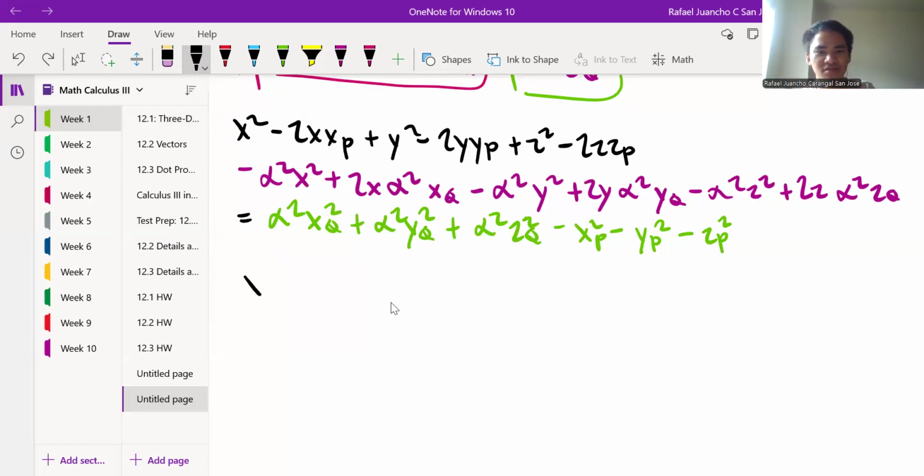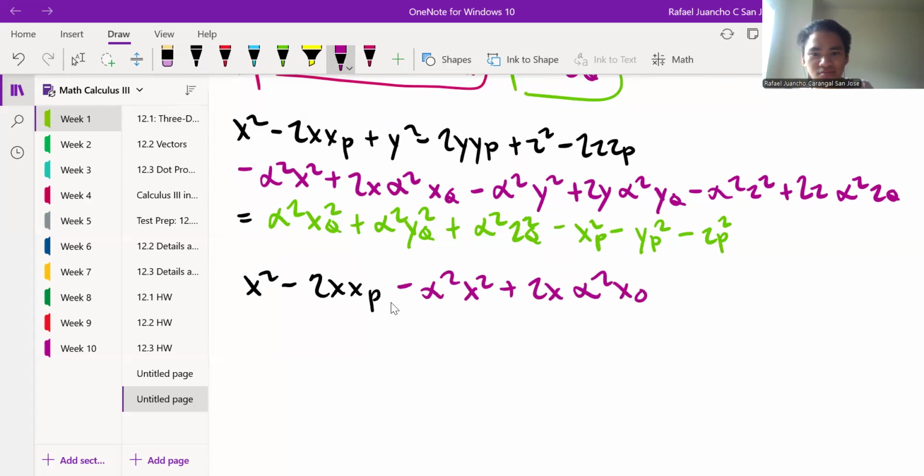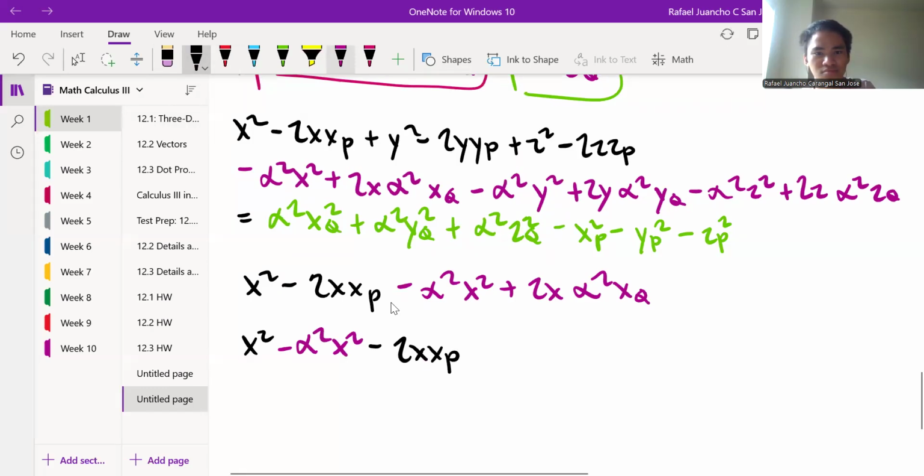So this first term, we have x squared minus 2x xp. Whatever this is, we're going to make use of that. We're going to do the same thing for y and z. Then we have this thing here, and funny enough, we can combine these things. We add this thing.